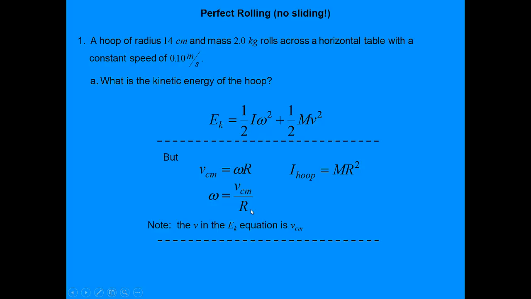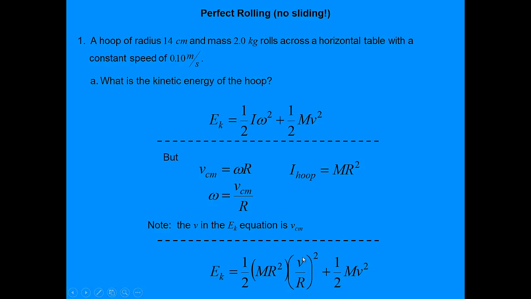So if we plug those two things in for omega and I, now we're getting something that looks a little bit more like the other part. So we get 1/2 times the rotational inertia of mr squared times v over r quantity squared. And again, this is the speed of the center of mass, just like the other v is.